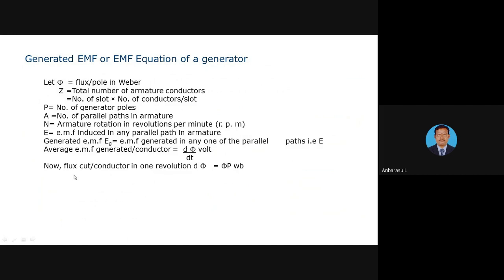The flux cut per conductor in one revolution, d phi, equals phi into P Weber. The number of revolutions per second equals N by 60, so the time taken per revolution, dt, equals 60 by N seconds.